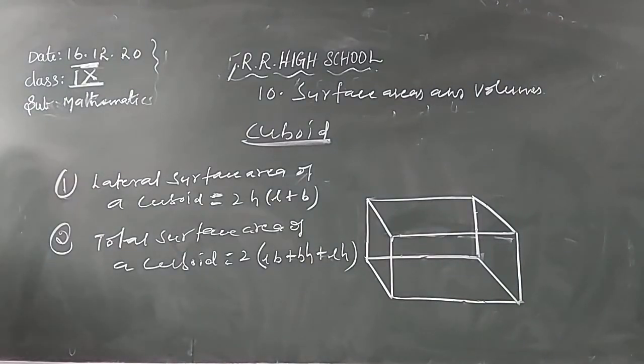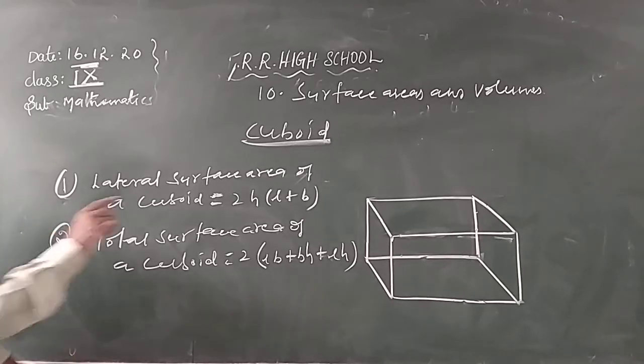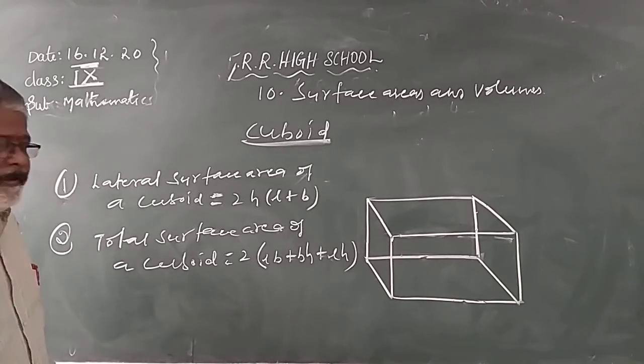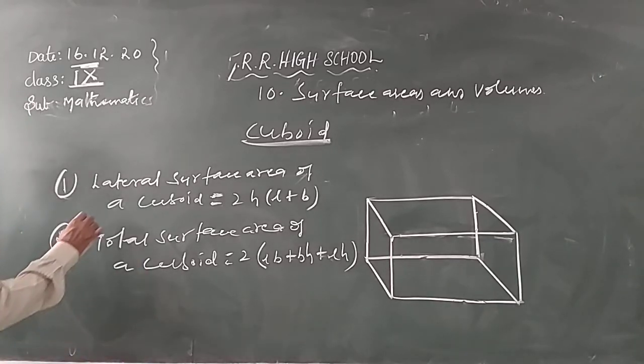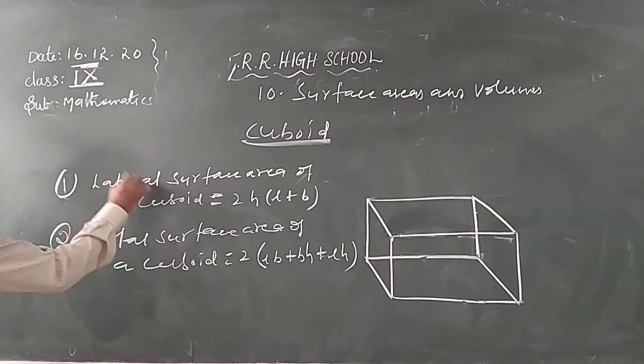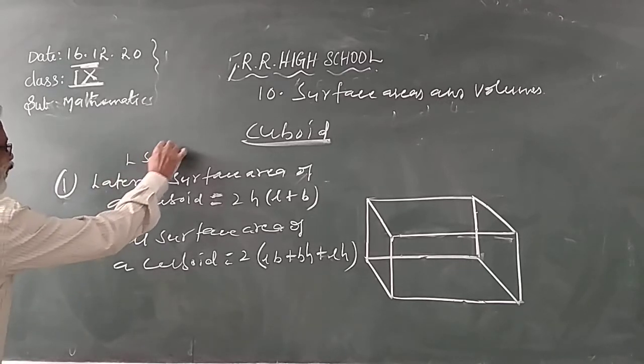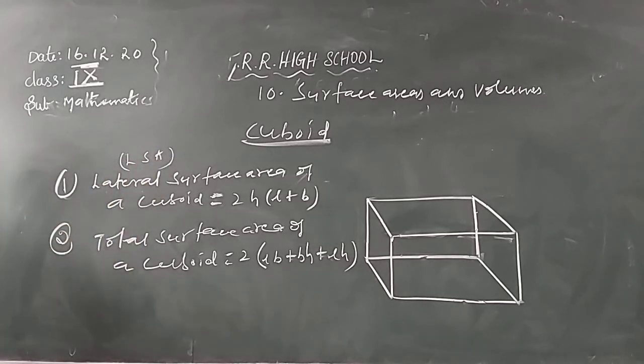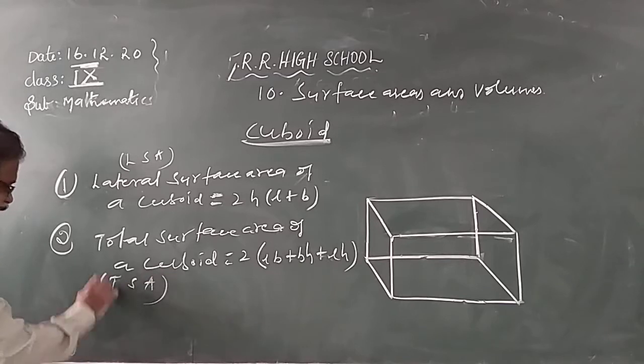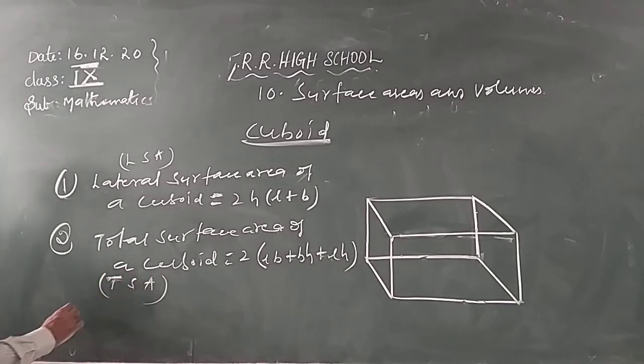Whichever you want to find, LSA or TSA, we need the LBH measurements. Shortly you can write LSA for lateral surface area, and TSA means total surface area.